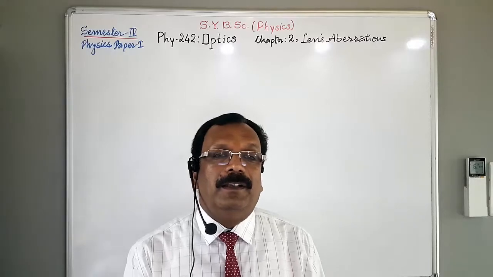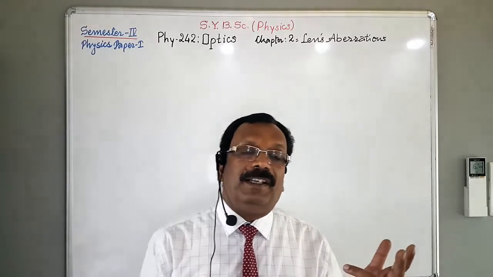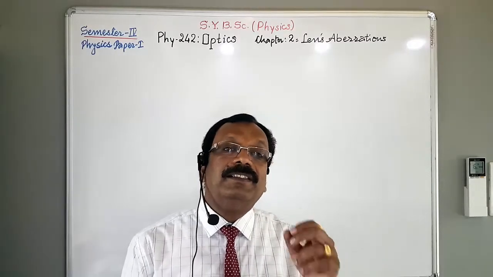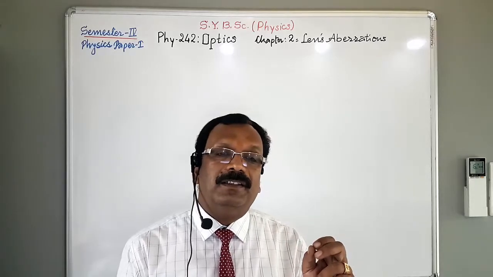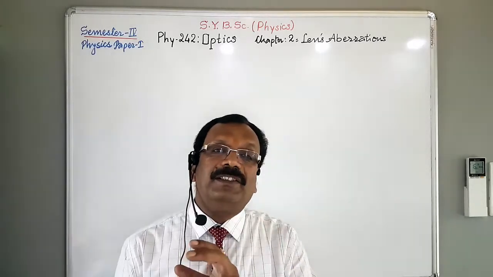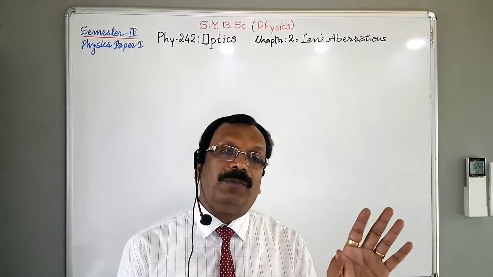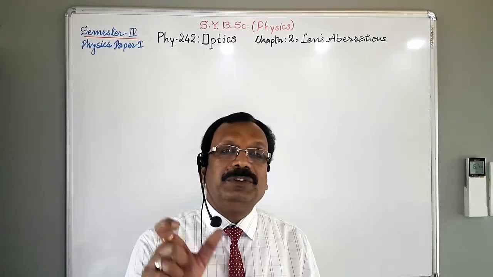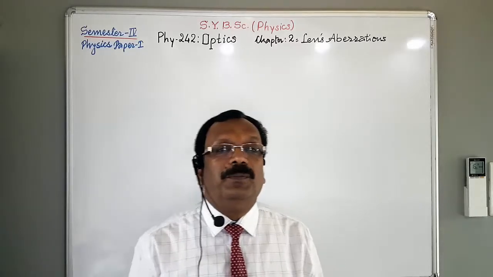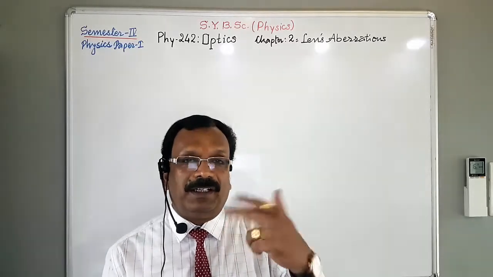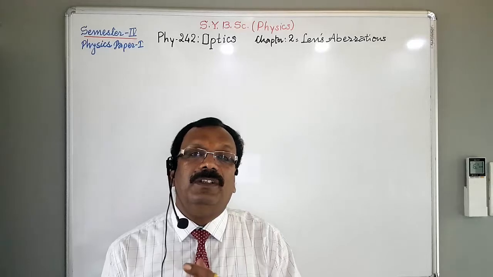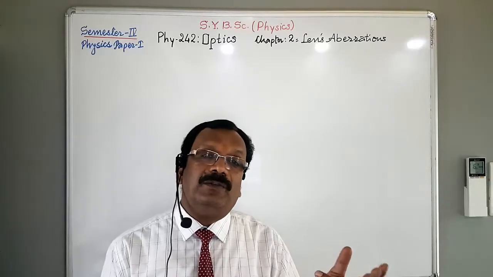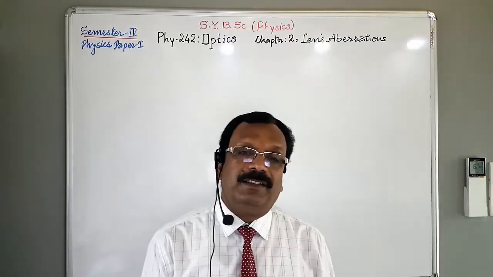Hence in spherical aberration there is a failure of the lens to form a point image of the point object. Instead of it, a single lens gives two images, one due to the focus of paraxial rays after refraction and another due to the focus of marginal rays after refraction.